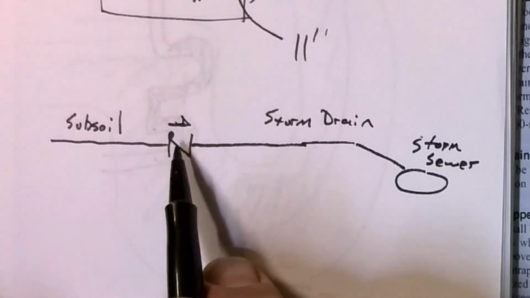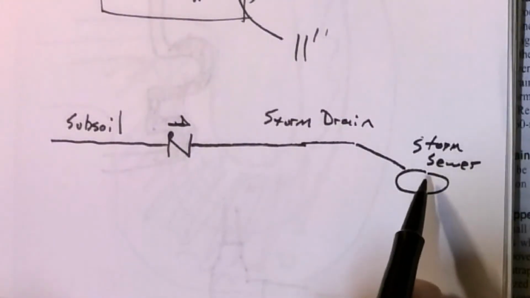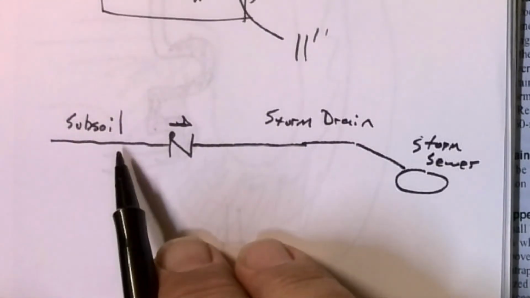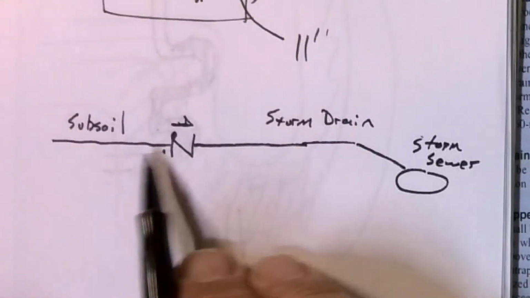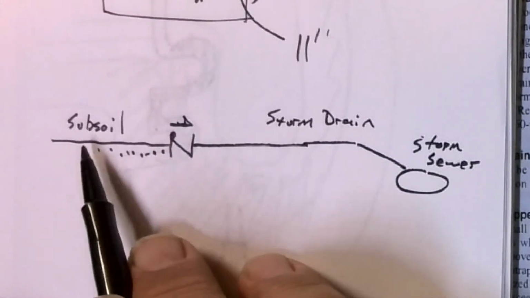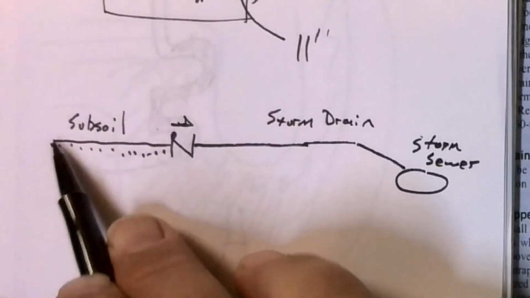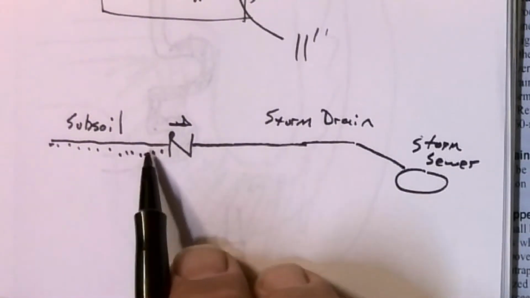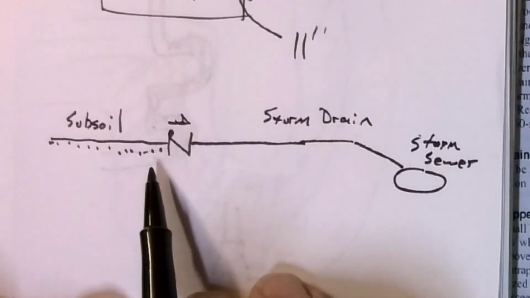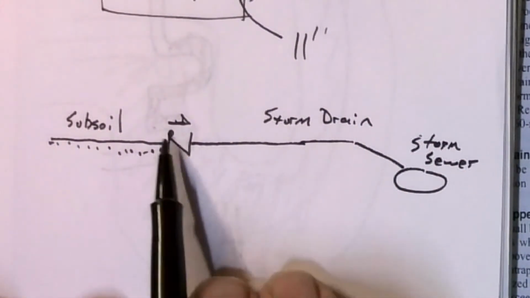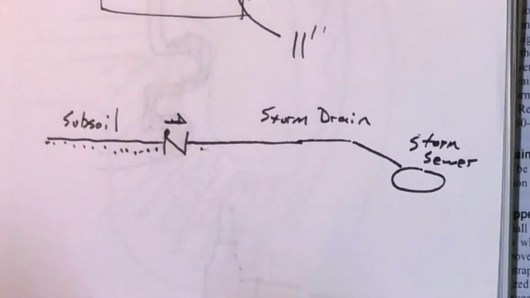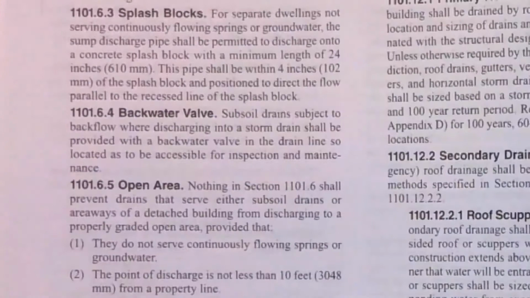This is here because if this storm sewer were to ever back up and come down the line, the last thing you need, because this guy has perforated holes all through it, the last thing you need is storm water to come in here and go through the holes and flood out around the foundation. So this guy prevents any of this stuff from going back into it. That's what they're talking about as far as the backwater valve.